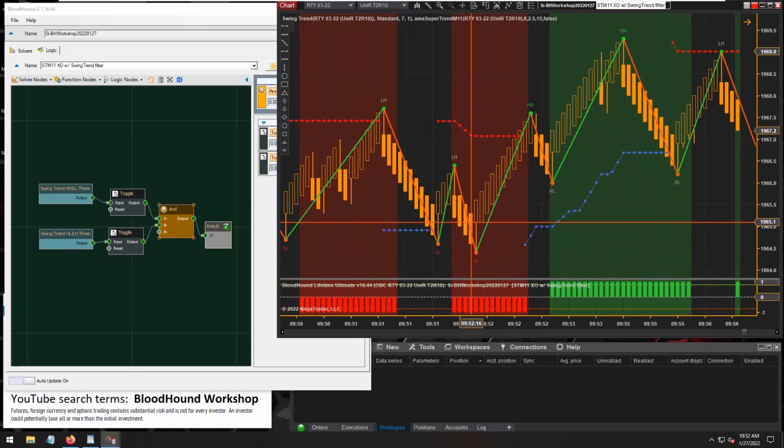And let's see here. Now, something that we're going to need to do is, when this higher high starts developing, that should be pretty clear, that should be the end of the short trend.